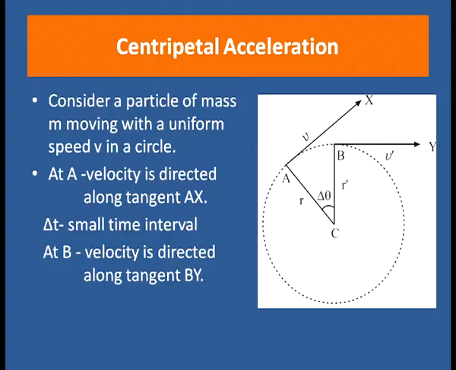Always remember, in case of circular motion, the direction of velocity is tangent to the circle at that point. So, here at A, the velocity is directed along tangent AX. After some time interval delta t, it reaches B, and here at B, the velocity vector is directed along BY, which is the tangent, and delta t is a small time interval.